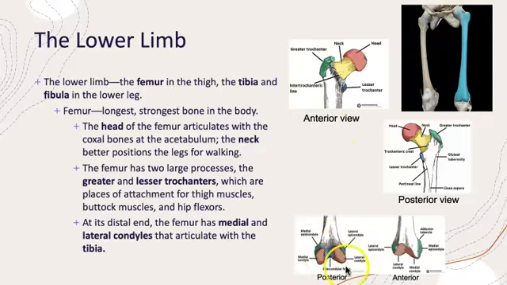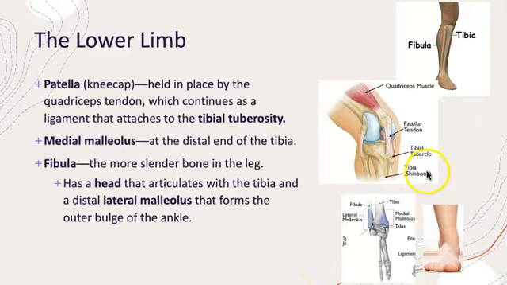At the distal end, which is what's pictured here, and by distal we mean closer to the knee, the femur is going to have both lateral and medial condyles that are going to articulate with the tibia. If we look at the knee area, we have a bone called the patella, which we know as the kneecap.